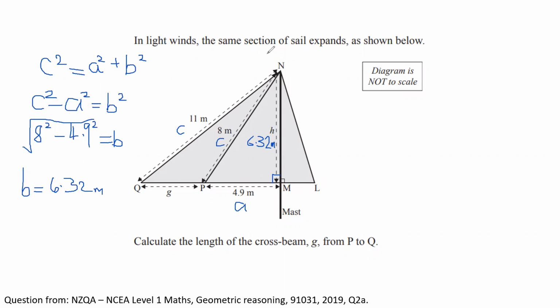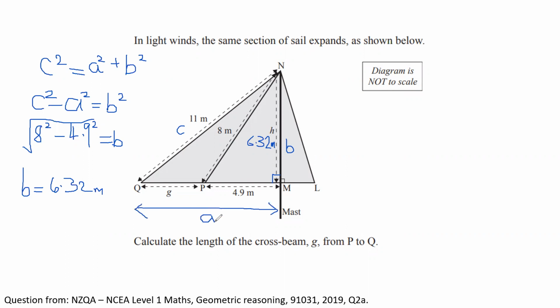Okay, so we know what this height is now. And that was one of the unknowns that we weren't sure about. We couldn't figure out what G was yet, or what this total side length was, until we figured out the height. So now we have got a value for C, a value for B, and that will allow us to work out this total length of this side.